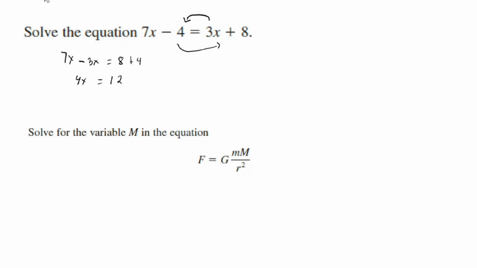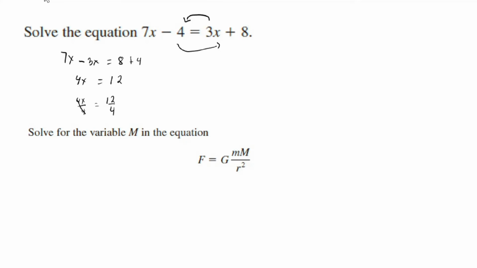Then we want to solve for x, but there is a coefficient. So if the variable x has a coefficient, then you have to divide both sides by that coefficient. So I will write here 4x over 4. So I'm dividing both sides by 4, and this will be cancelled. 4x divided by 4, we have x.